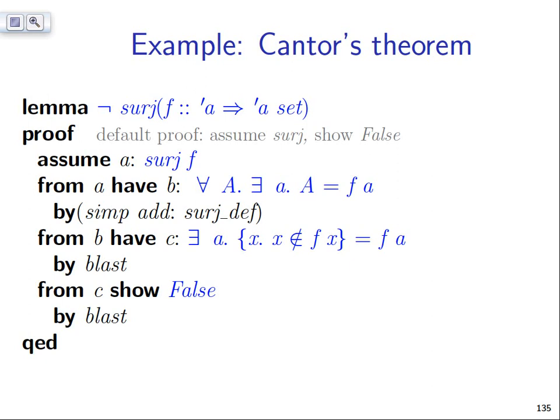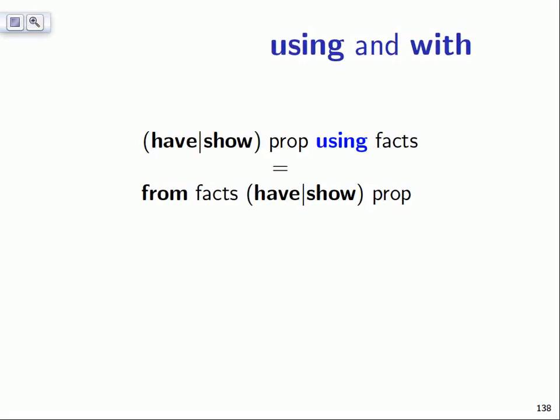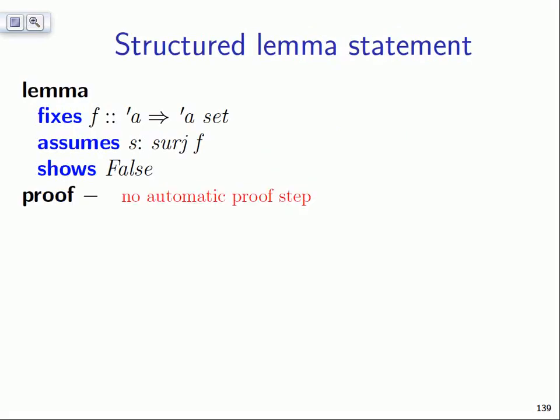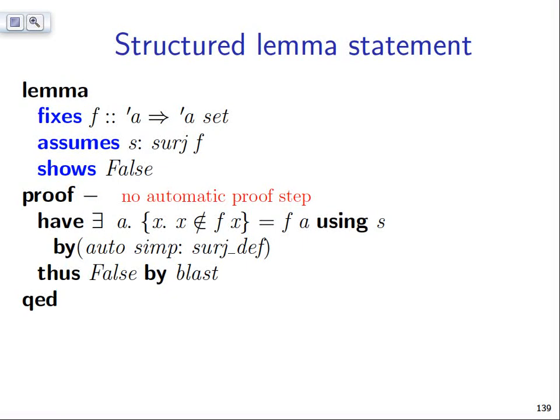If you try to change something later on, if you have the same piece of text twice, you have to change it twice. And also, it makes the text longer, and so it's not so nice to read. So here, using this method of assuming F, we don't need to write this surjective F twice, but we can just refer to it by the name S that we've given it.